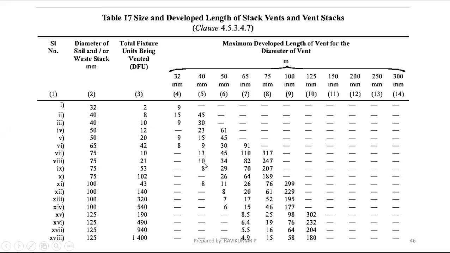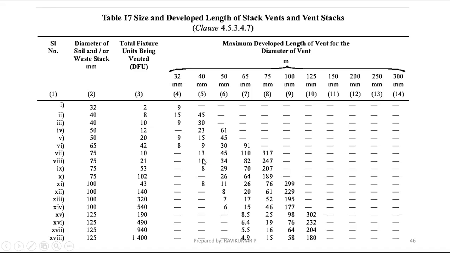How much? With 40 mm you can go up to 10 meters length. If you take a 40 mm vent pipe, you can go up to 10 meters from your joining point to the vertical riser. From your outlet point to the vertical riser, 10 meters maximum should be there.